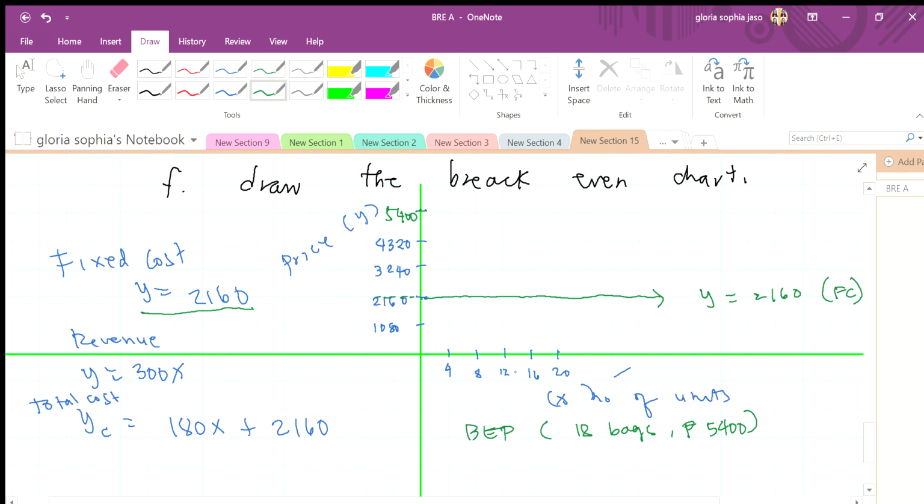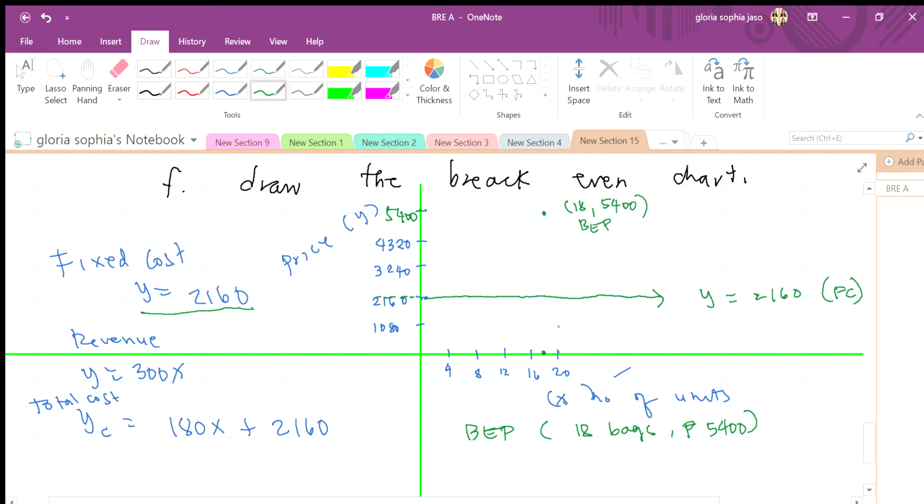So, let's graph 18, between 16, 17, 18 here. Then here, our y. So, that is our BEP, which is 18 and 5,400.